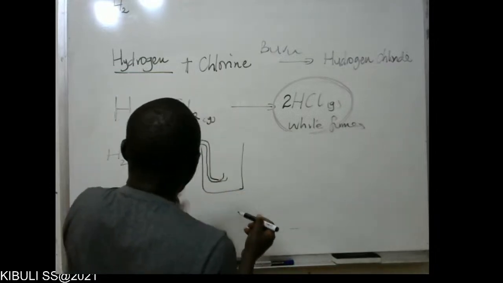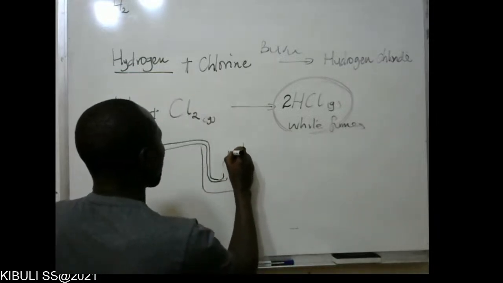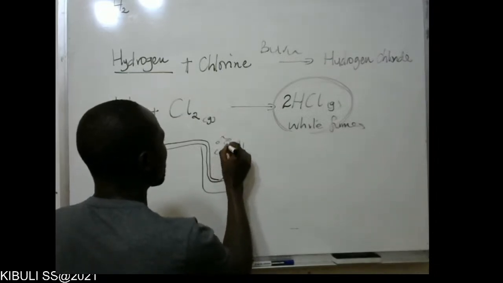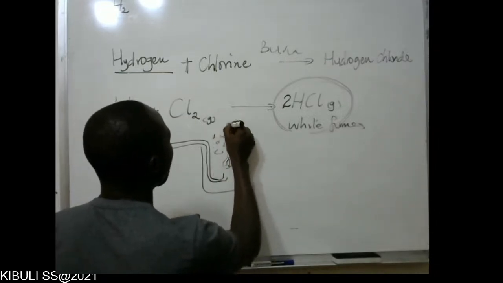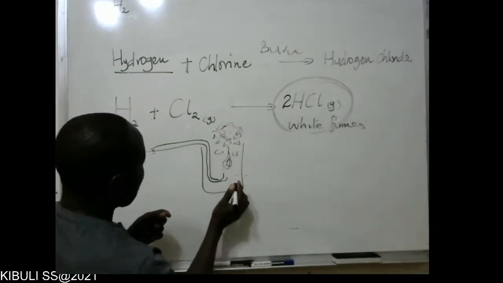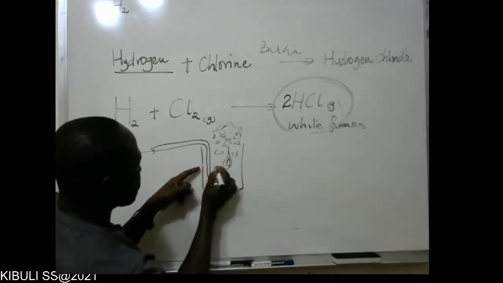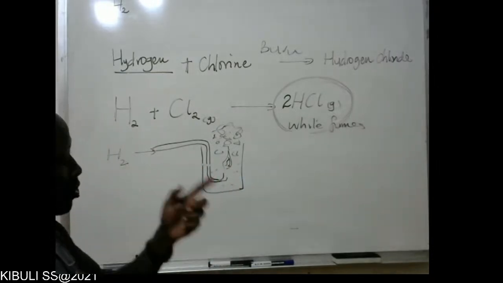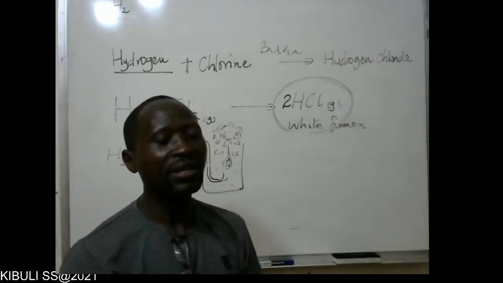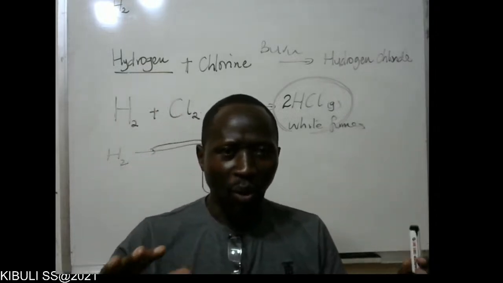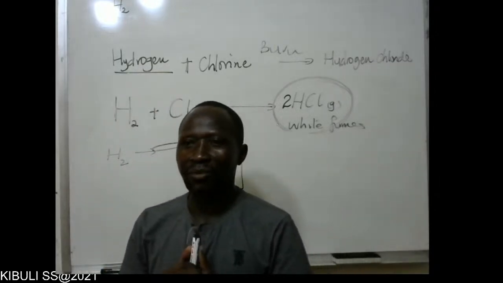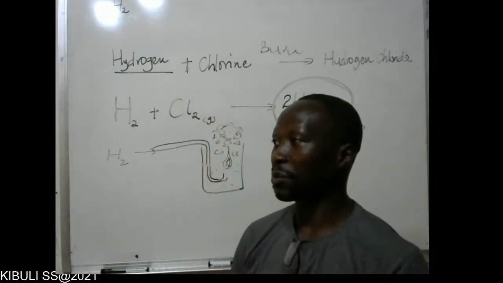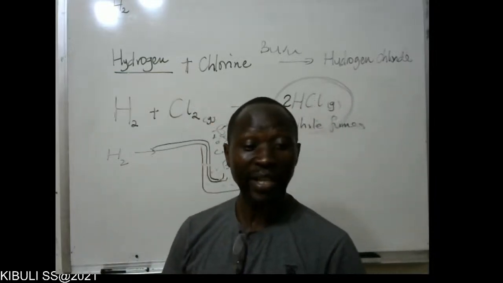So when you light the hydrogen and lower it here, a flame is going to be formed here. And for you, what will you see? You will see white smoke coming out of this place. So the pale yellowish green gas that was inside this container will turn into white fumes because of the formation of hydrogen chloride gas.